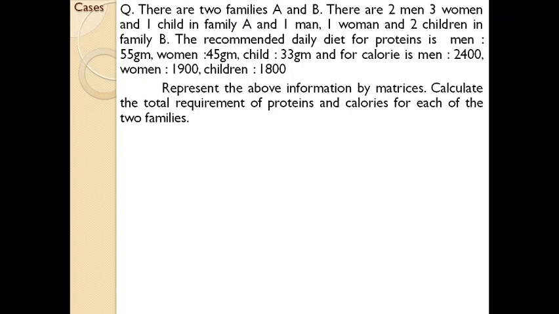So to find the total requirement of two men, you just need to multiply the requirement of one person by the number of persons. If you are studying men, it is the protein or calorie requirement per man into the number of men. That's how you find the total requirement for each category. Since the details are given for men, women, and children, you have to use the multiplication method.